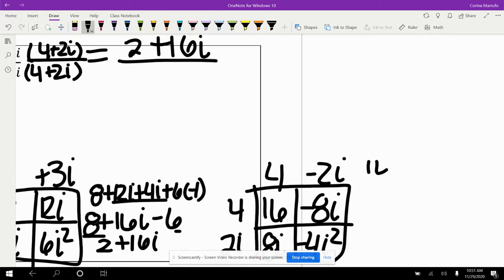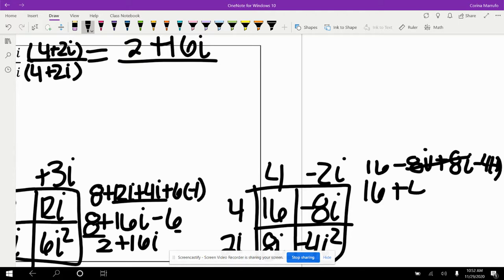We have 16 minus 8i plus 8i, and then minus 4, and then instead of i squared, we write a negative 1. So we get 16. The 8i's cancel each other out, and we get 16 plus 4, because negative 4 times negative 1 gives you a positive 4. And 16 plus 4 gives you 20. So here we have 20.